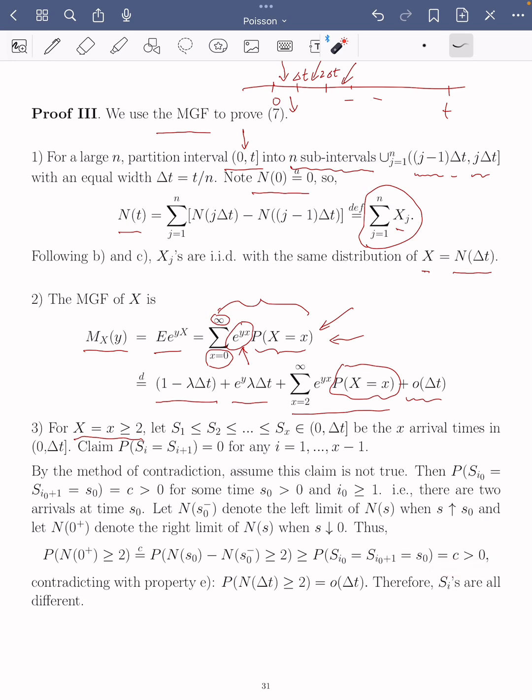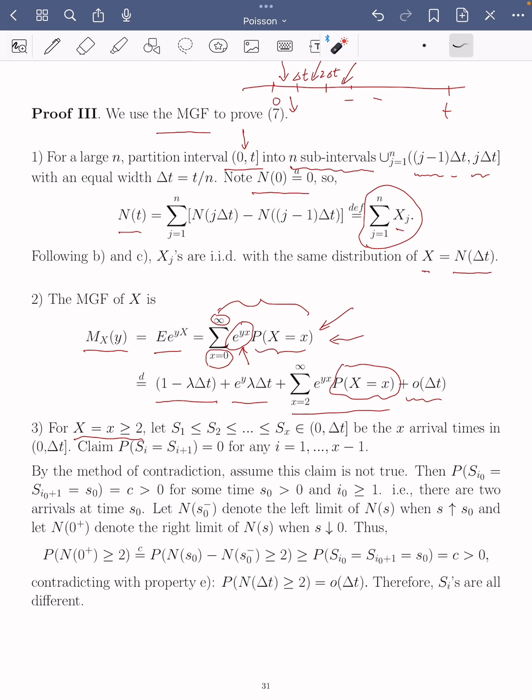This contradicts property E, that the chance that N of delta t is larger than or equal to 2 is equal to little o delta t, because this probability is larger than a constant C while the other tends to 0.